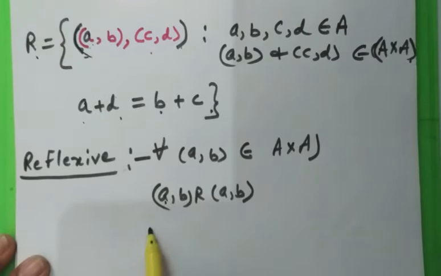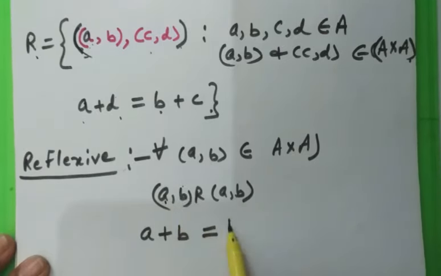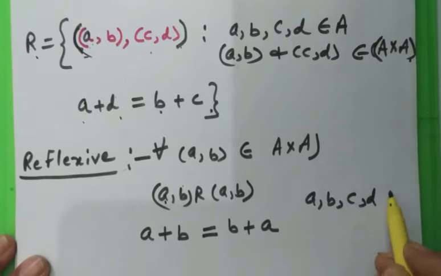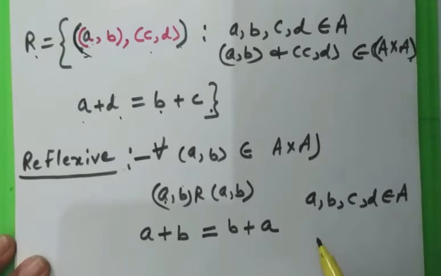A, the first element, plus the fourth element should be equal to the second element plus the third element. And we already know that a, b, c, d are all elements of A, which is the set of first 10 natural numbers.